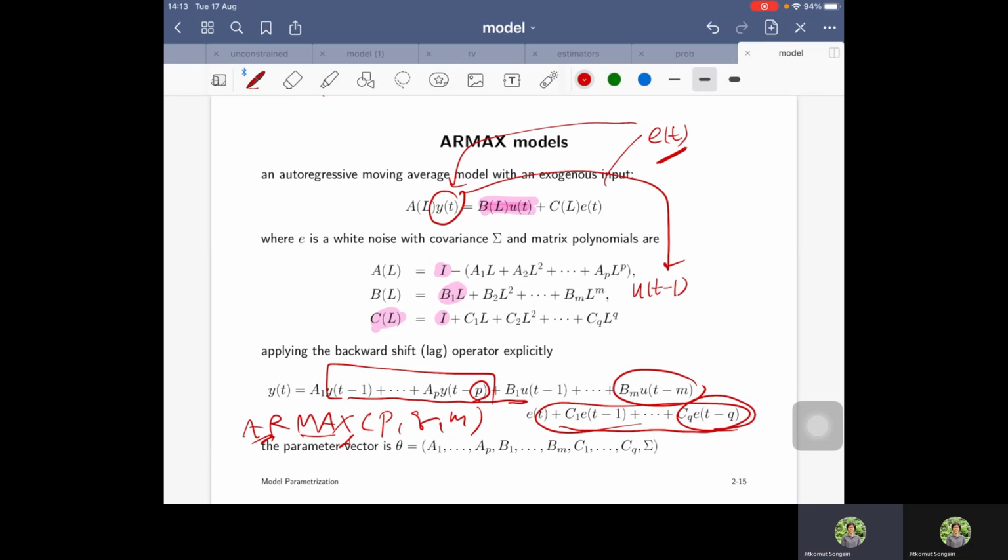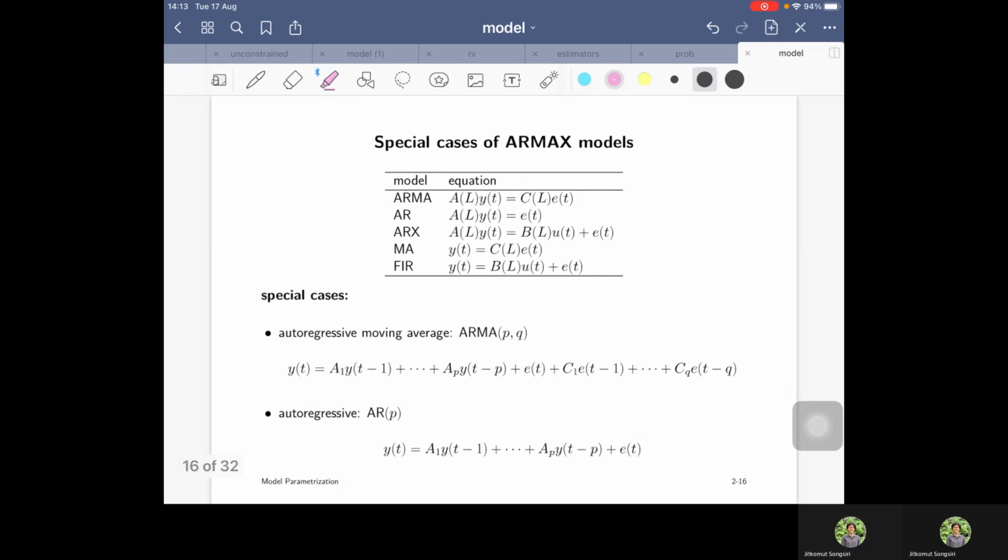All the coefficients A, B, C, and the noise covariance form the parameter vector. We would like to estimate the whole thing. Of course, the ARMAX model is a more general form of time series that belongs to the stationary class. If you just get rid of one term in the equation, you get four special cases.